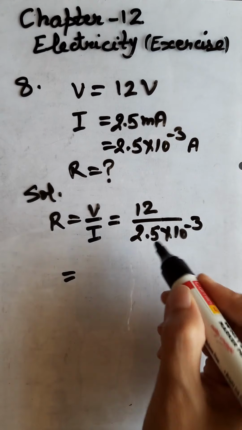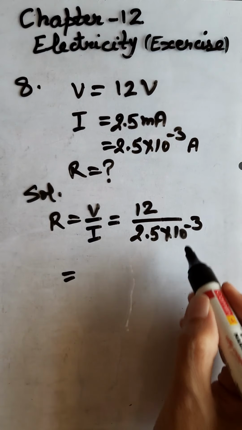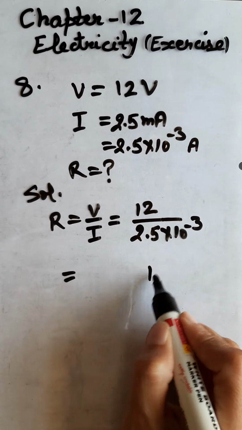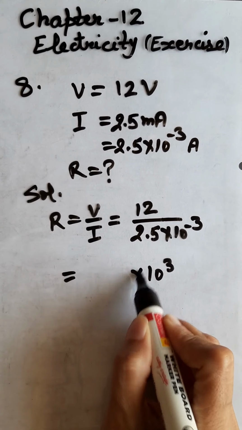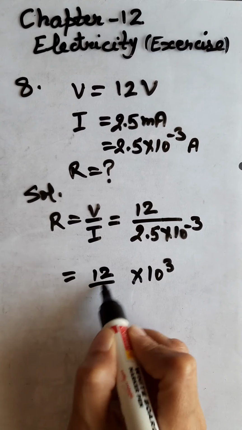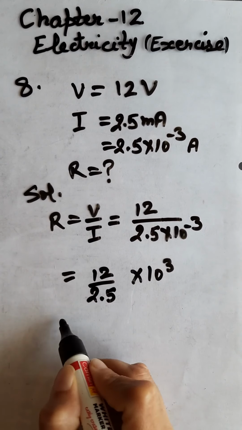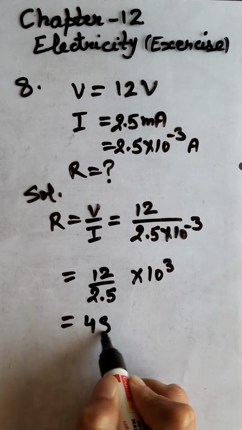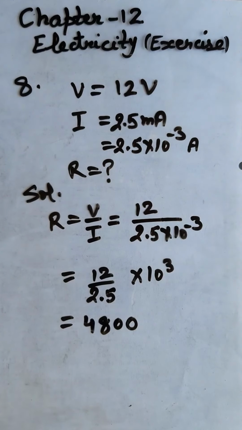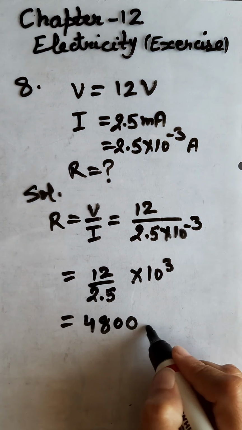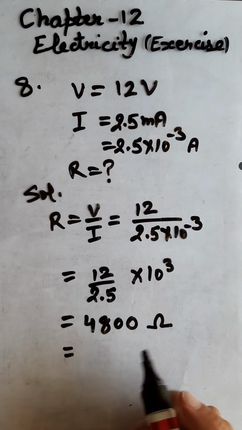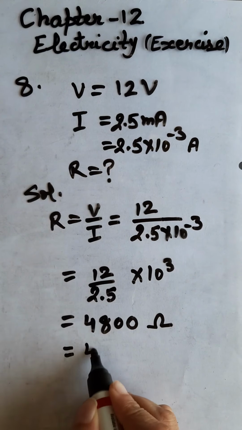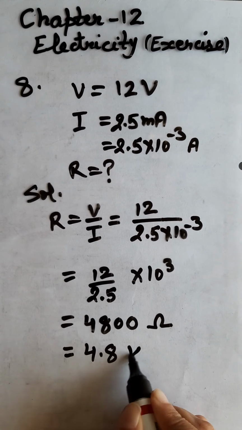When we solve it, this 10^-3 will come in the numerator as 10^3, and it will be 12 by 2.5, which is 4800 ohm. And if you want to convert it into kilo ohm, it will be 4.8 kilo ohm.